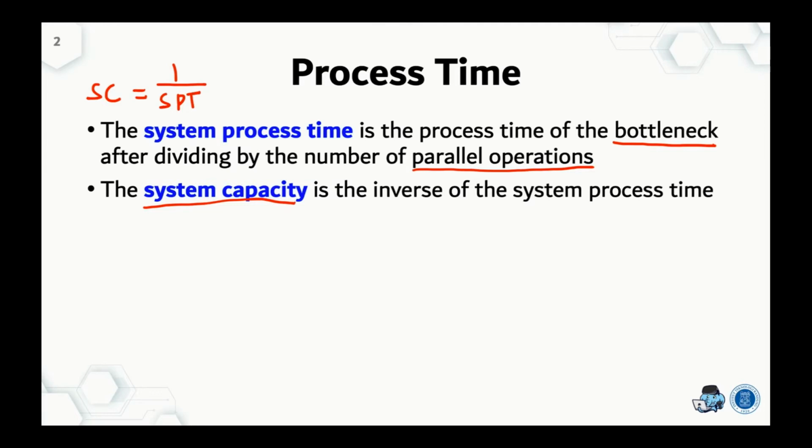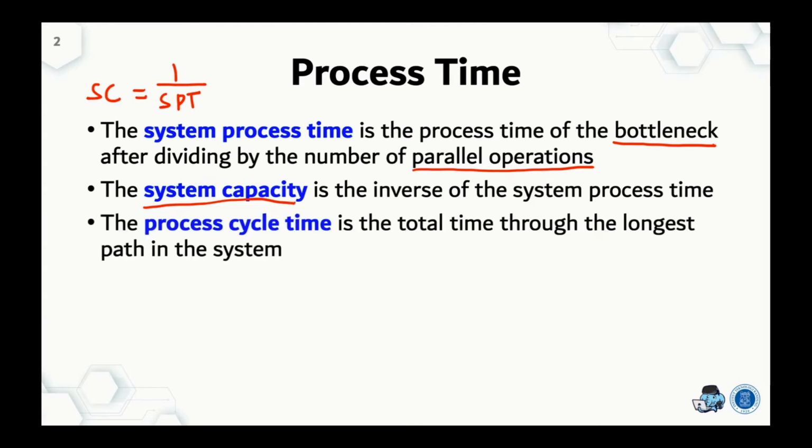So the lower the system process time, the higher the capacity of the system is. This is the implied meaning of this definition. And then the process cycle time is the total time through the longest path in the system. If the system has parallel paths, then we should select the one that has the longest path in the system.